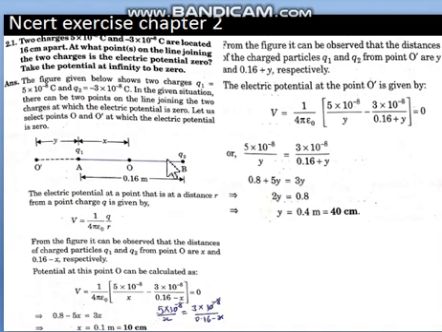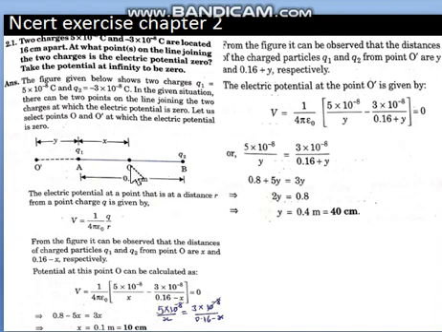Let us start with the first point. Suppose between A and B, at point O somewhere, it is not the midpoint, the net potential is 0. So suppose from A to O the distance is x. Then from O to B the distance will become 0.16 minus x.